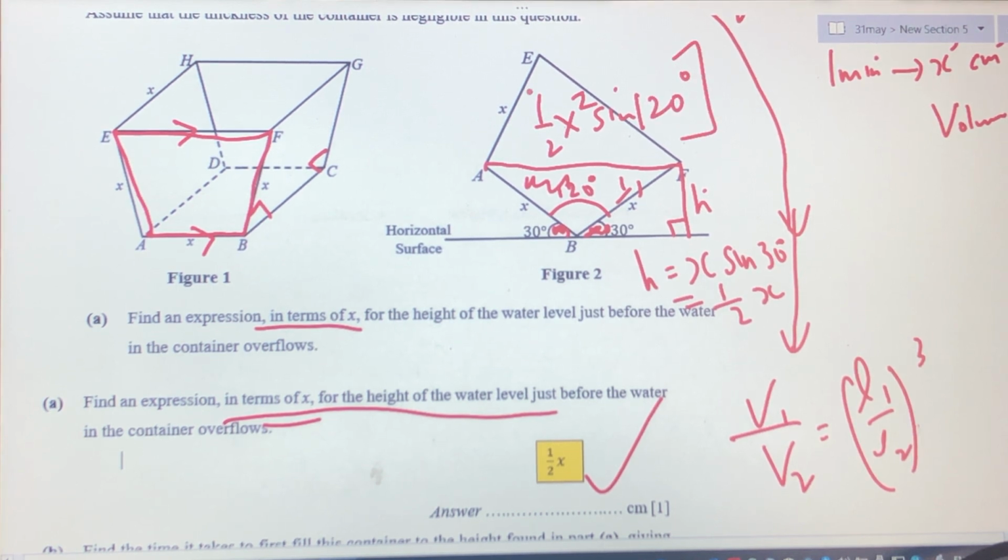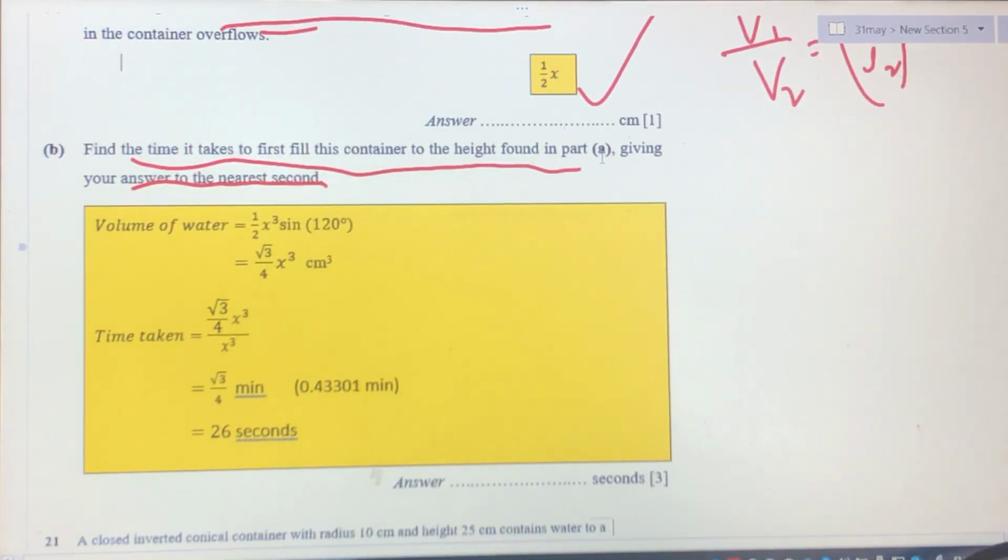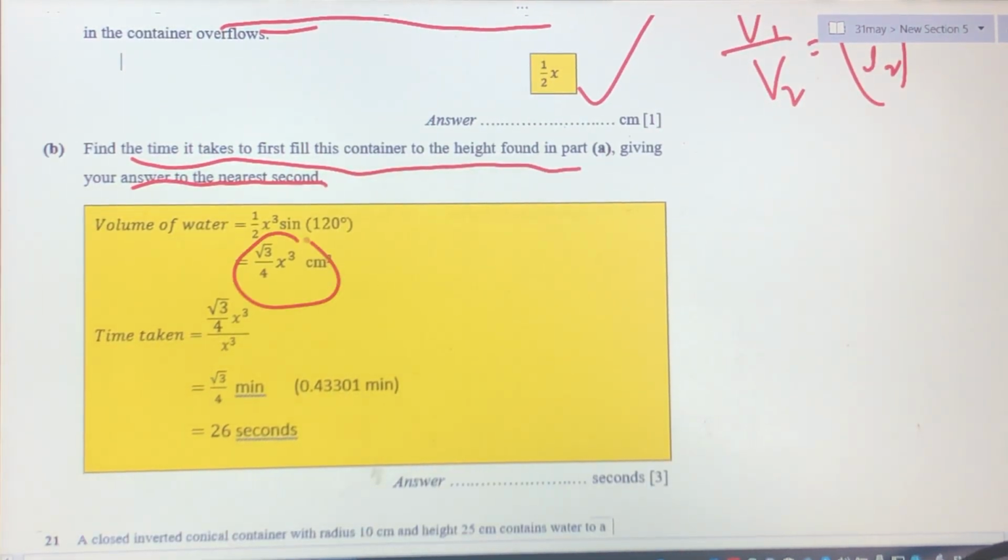So this is the cross-sectional area, and the depth here is x. So it's half x squared times this, which gives you this, and then you just divide, finish.